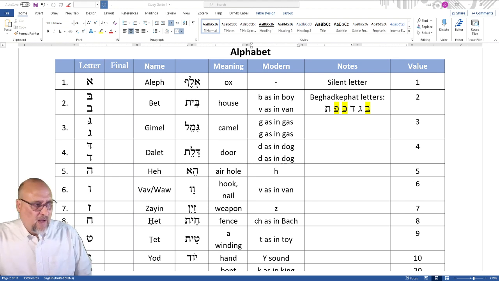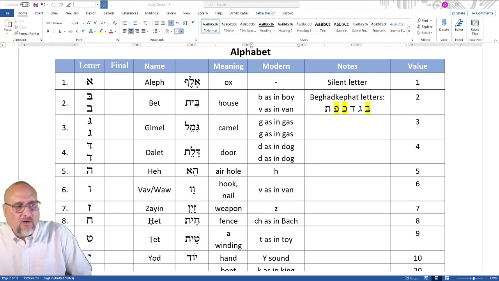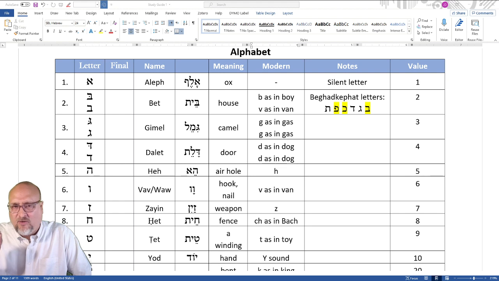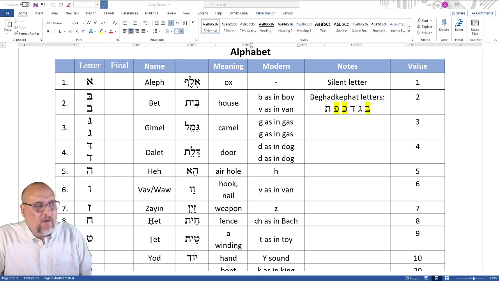The Aleph is really a silent letter, or it's just that very small sound you make when you say something like "honor." It's just a very slight glottal stop. The name Aleph is actually a word. It means the ox. It probably goes back to when these were pictograms. Aleph is the first letter.